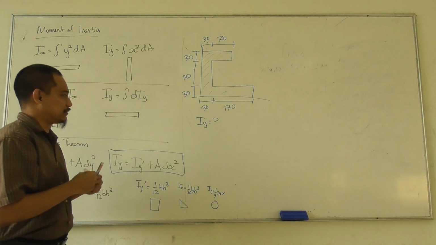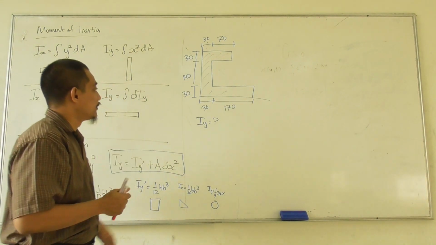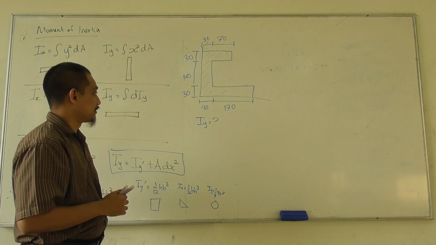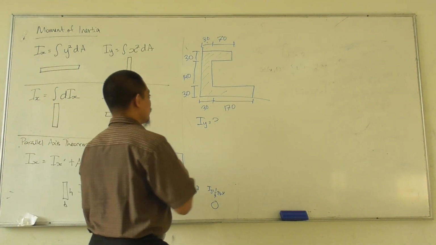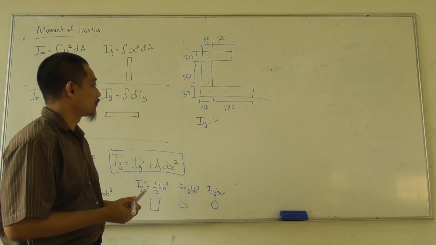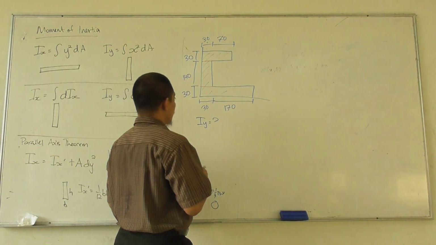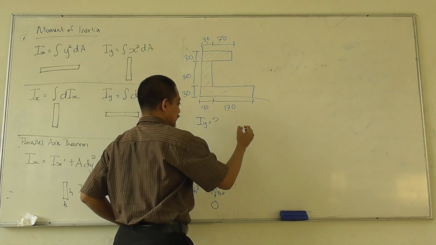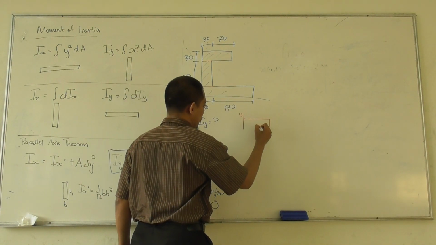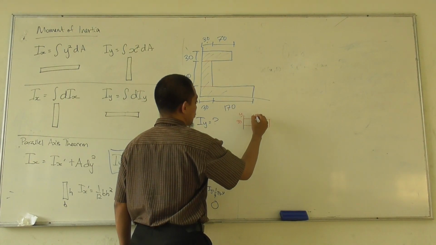Of course, in this case, it's basically a combination of rectangles. So it's up to you how you want to divide the area. One possibility, you do it like this, meaning 1, 2, 3. So in that case, because it's about the y-axis, you get something like this, the y-axis, and for the top one you have 30 and the whole thing is 100.